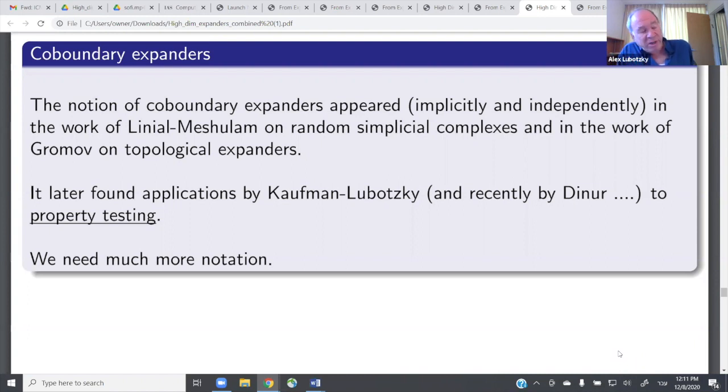Now there is a model that I worked on with Roy Meshulam, and then with Luria and with Rosenthal, of upper degree random simplicial complex, only upper degree random. And for them, we were able to prove that they are topological expanders.